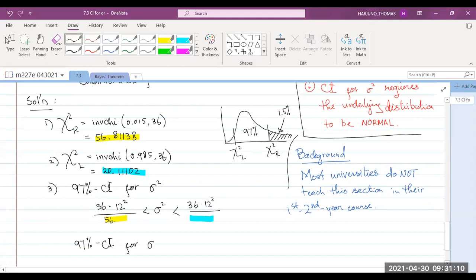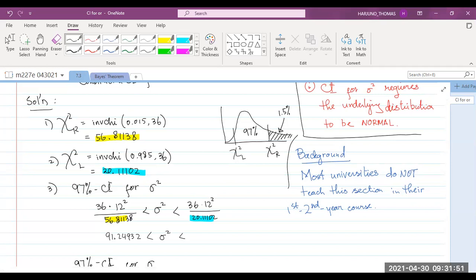This will be then 56.81138, and this is 20.11102. Let me compute that. 36 times 12 squared divided by 56.81138 is 91.24932, less than sigma squared, less than 36 times 12 squared divided by 20.11102.